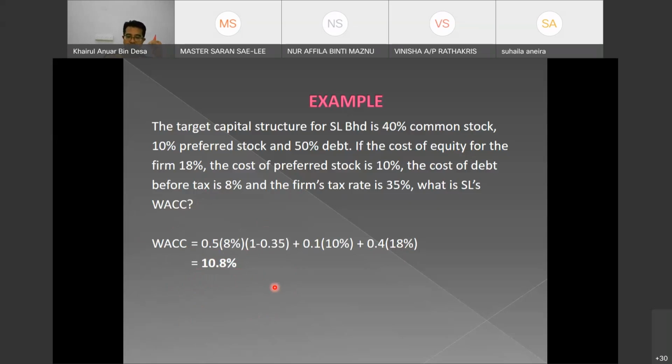So if the question gives us the expected rate of return is 15%, so we accept. But if the expected rate of return is, let's say 9%, we have to reject because this WACC is the required rate of return.